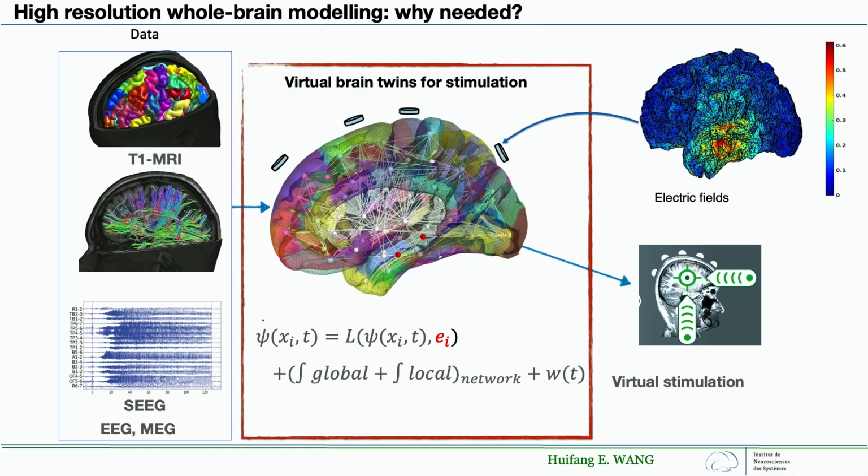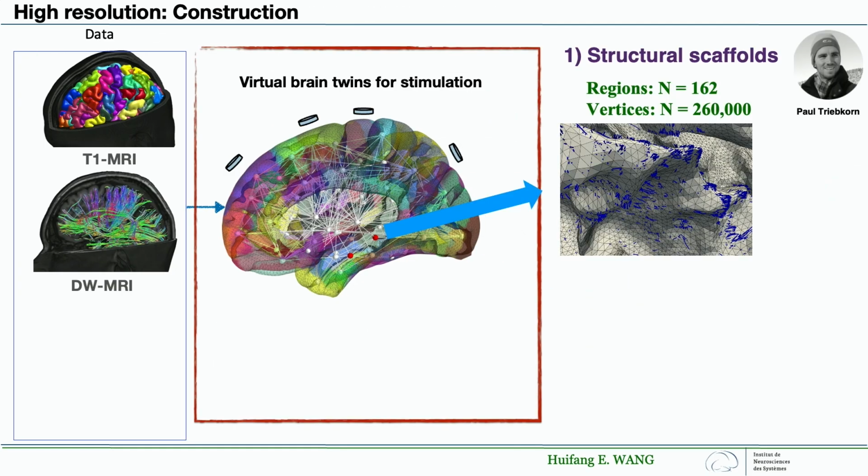Because we want to calculate the electric field, so the spatial distribution is becoming important right now. We cannot average as one node here. So today I will guide you through how we build these virtual brain twins in high resolution. The first step is how to construct it.